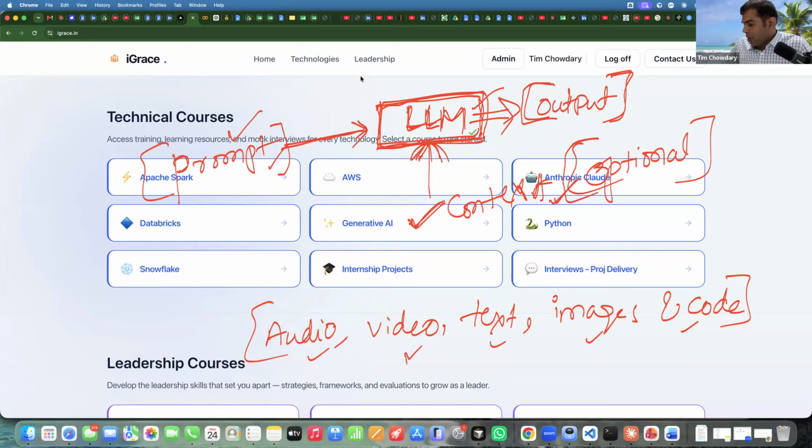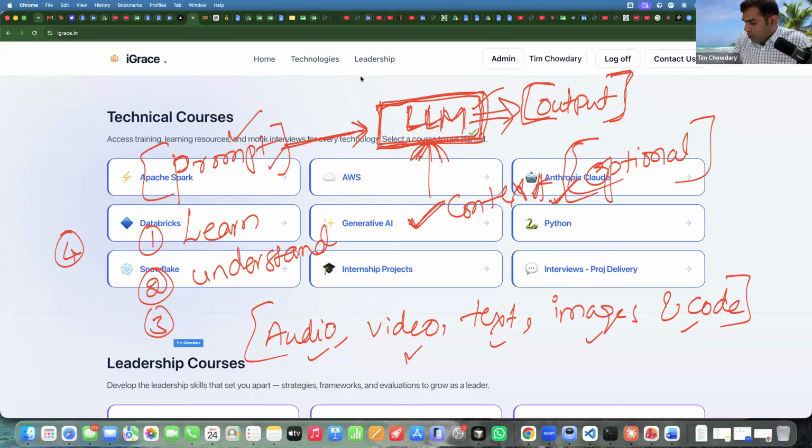Okay, how is it able to do it? Behind the scenes, it follows a 4-step process. One is learn, second is understand, third is predict. Fourth one is generate.